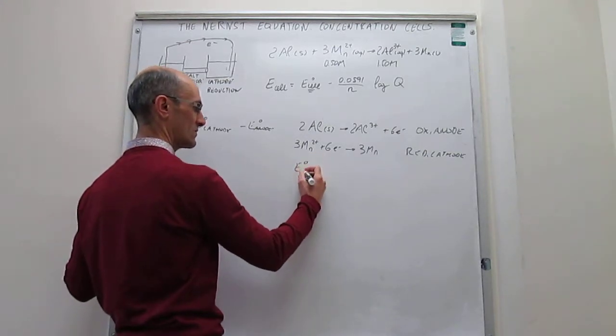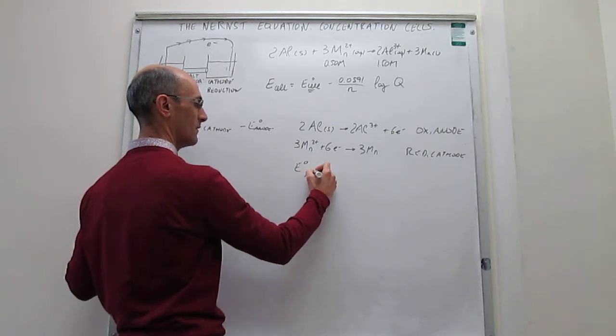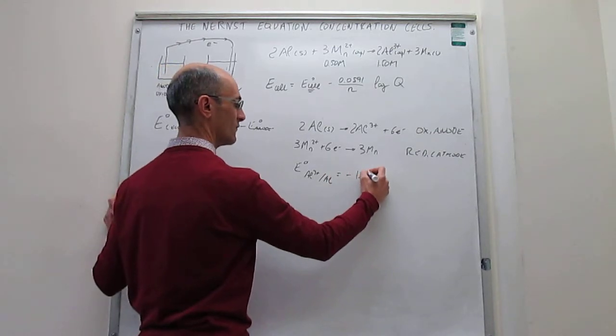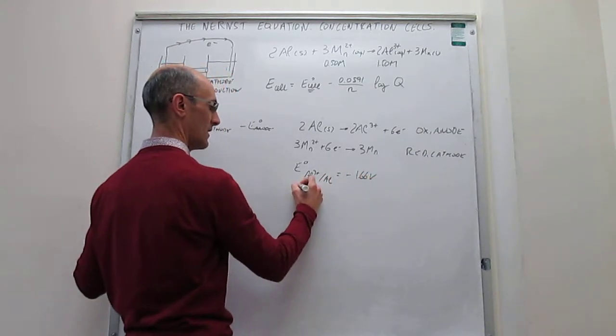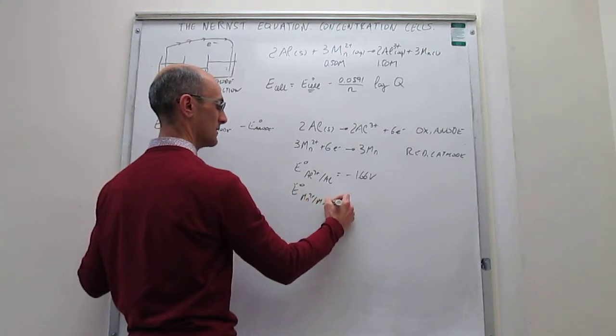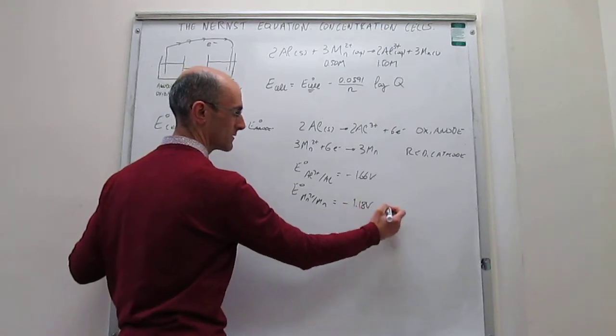And in those tables, you have that the pair aluminum 3 plus aluminum has a standard reduction potential of minus 1.66 volts, and the pair manganese 2 plus to manganese has a standard reduction potential of minus 1.18 volts.